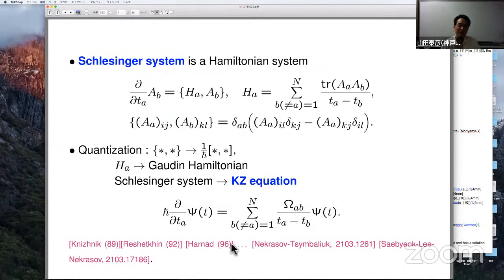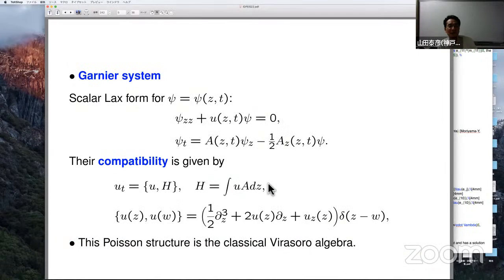So this relation is known for a long time, and this relation between the conformal field theory and the quantum Painlevé equation is one of the motivations of the quantization. And a similar relation is known also for the scalar Lax form.